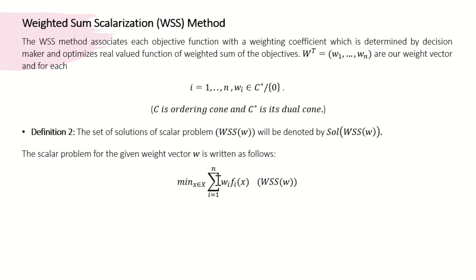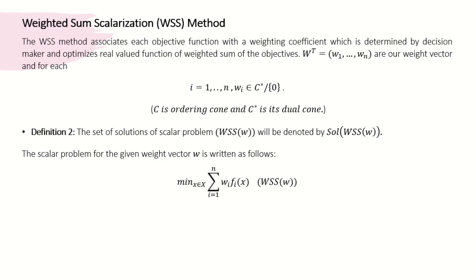And this is a combination of each objective function, and w_i is the weight which we want to allocate to each objective function, and we want to solve this problem. As we see, we do not add any extra condition to this problem, which is one important feature of this method.